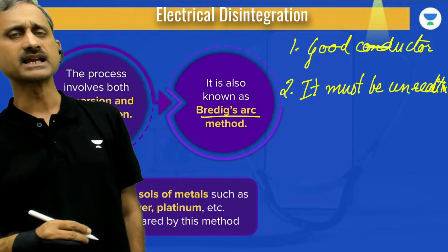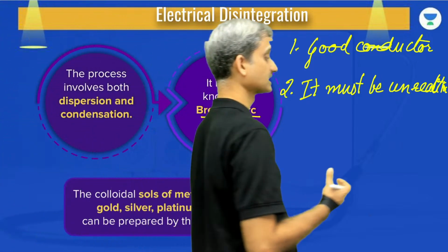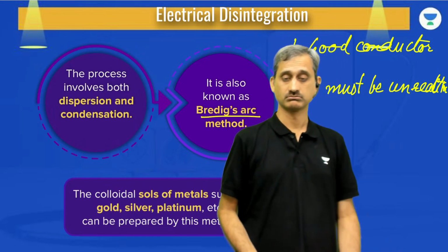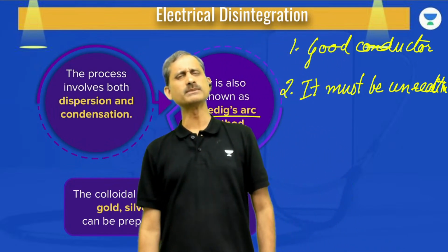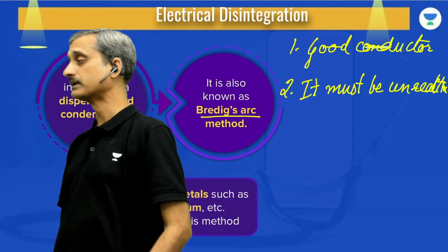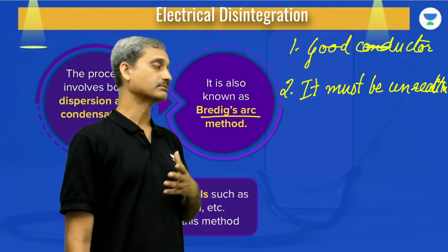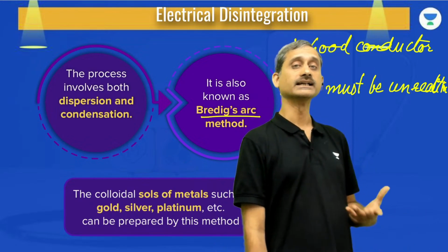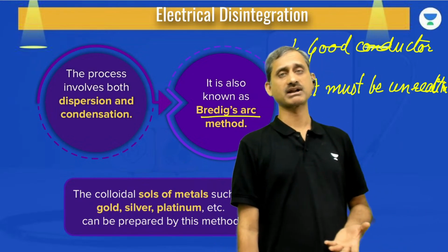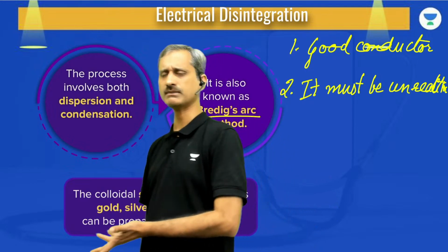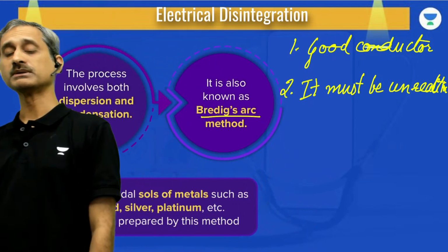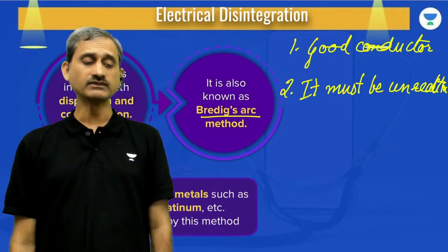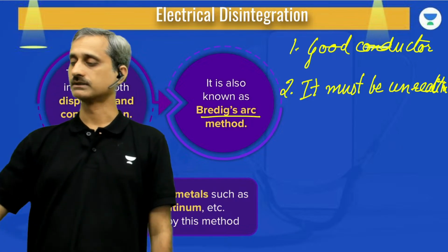We won't be able to make the colloid of sodium or potassium. We would be able to make the colloid of silver, graphite, gold, or maybe copper. Those are inert substances which are not going to interact with water or the dispersion medium in the system. So it should be unreactive. Then only will we be able to use the Bredig arc method.